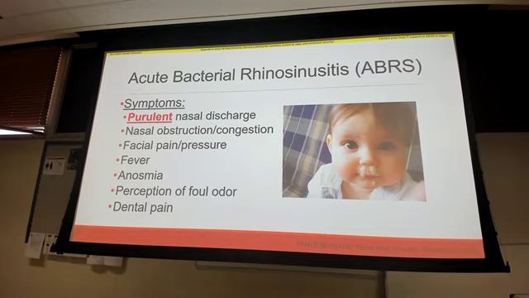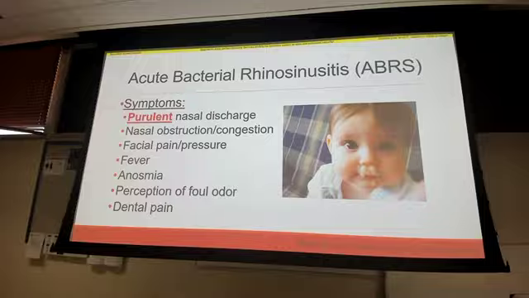Fever, so remember greater than 100.4 degrees Fahrenheit or 38 degrees Celsius. Anosmia. So that's where they cannot smell. And then perception of foul odor or dental pain. So if they get to a point where they're having some dental pain, they may have some other things going on, and we'll talk about that in our next lectures.